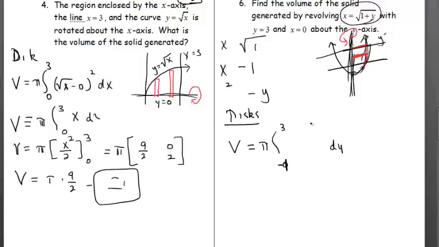All right, equation minus the left x. So this is the right x minus the left x squared. A little bit of cleanup. You're just going to get 1 plus y dy.